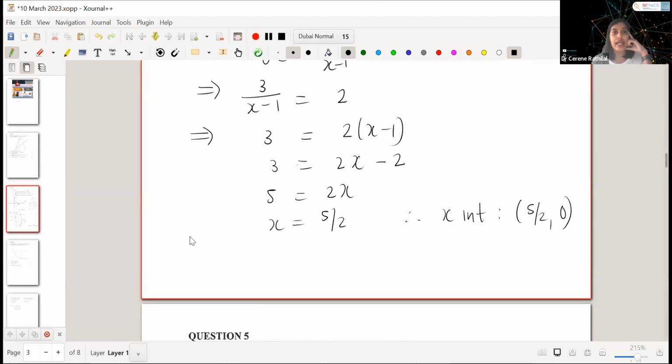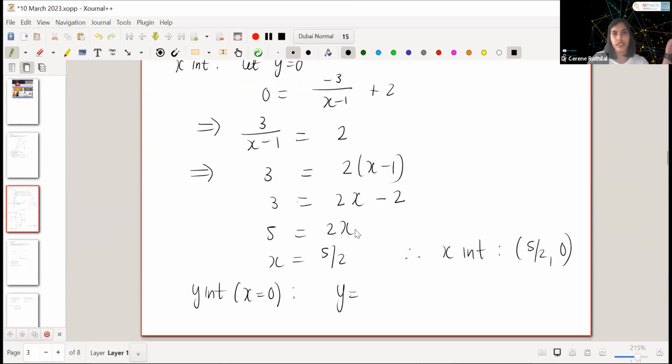Let's now calculate that value on the y-axis. So for that, I now need the y-intercept. And that means I'm going to let x equal 0. So y equals, what is the question? There we go, minus 3 over x minus 1 plus 2. So I now replace x by 0.